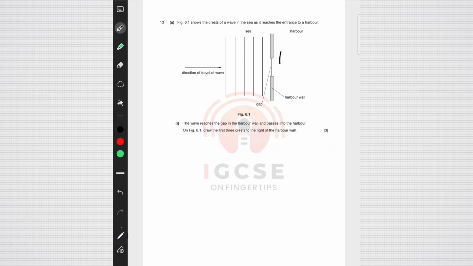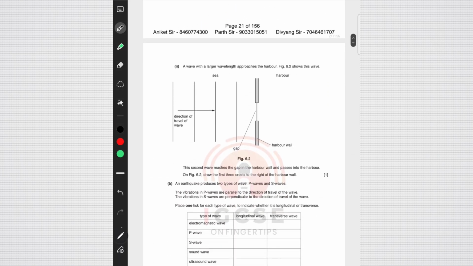So diffraction will not take place. So you will draw three vertical lines because diffraction is not taking place, just a little bit of bending, no spreading. Also you would have a scale, so you will be able to draw a better diagram. Just make sure that the distances between the waves are equal.